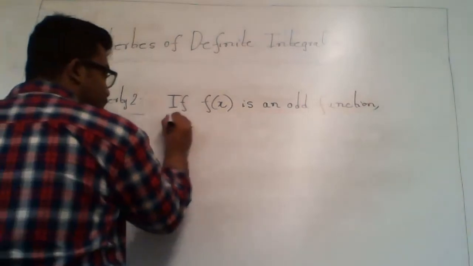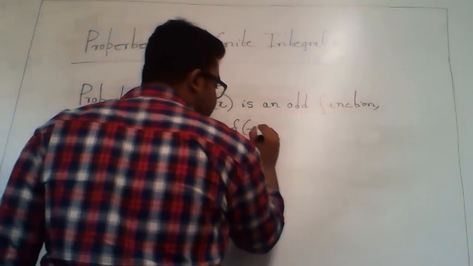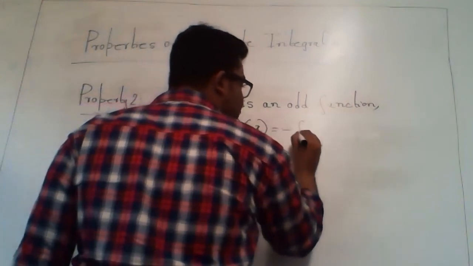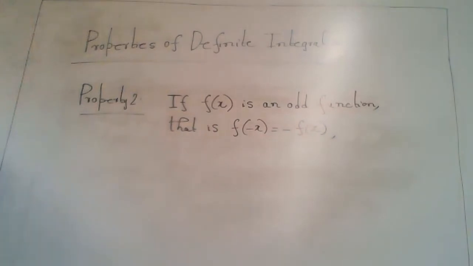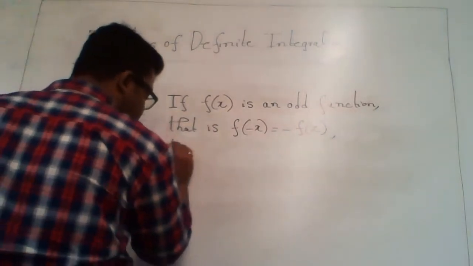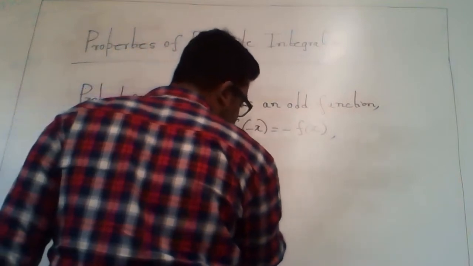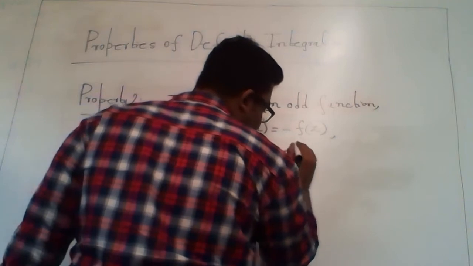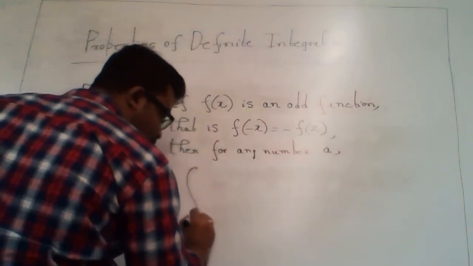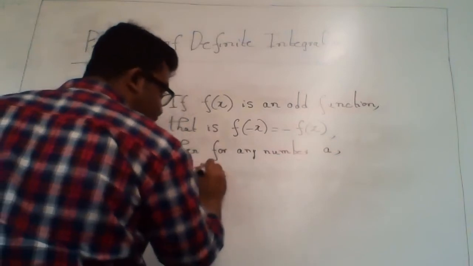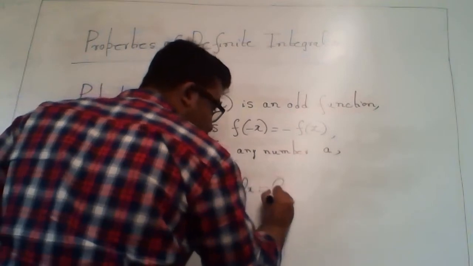That is, f of minus x is minus of f(x). If f(x) is an odd function, then for any number a, if I integrate that odd function from minus a to a, this is always 0.